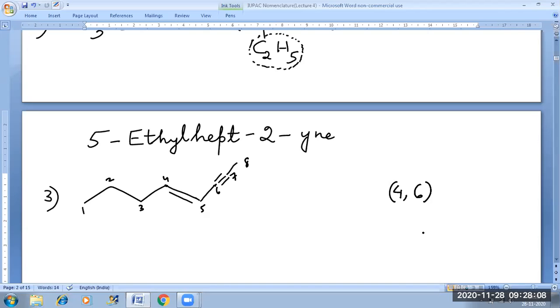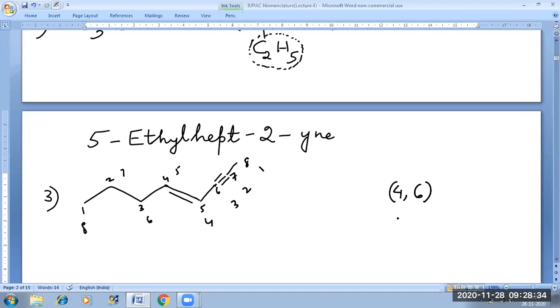If I number from the right hand side, then 1, 2, 3, 4. This will be 5, this will be 6, this will be 7, and this will be 8.